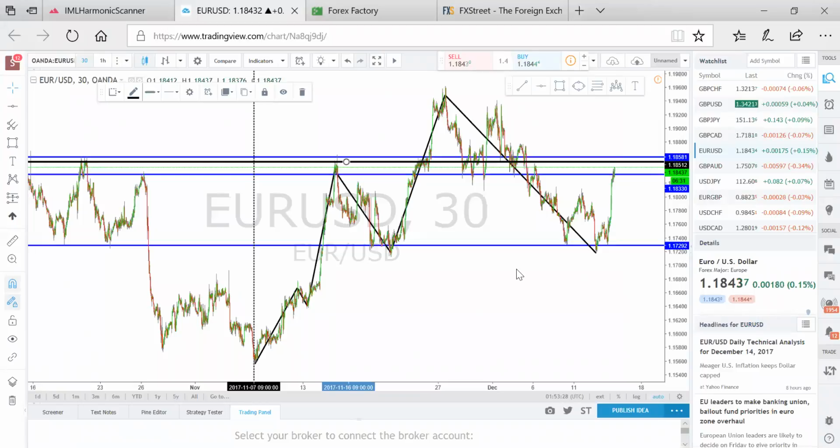Should the right shoulder form and hit the support, then go up, would you say another head and shoulders may form? If it comes down here and then goes up, or do you mean for this smaller area here?